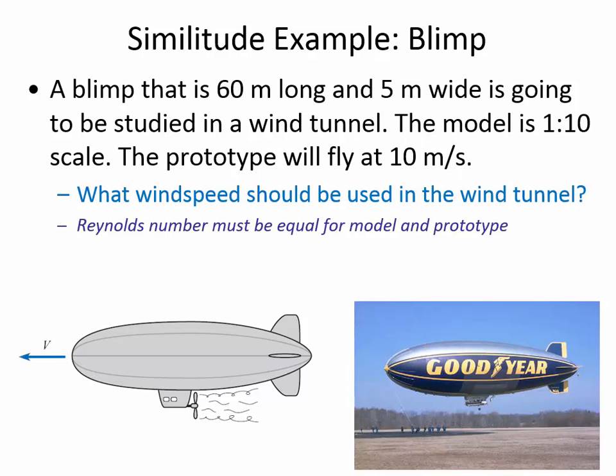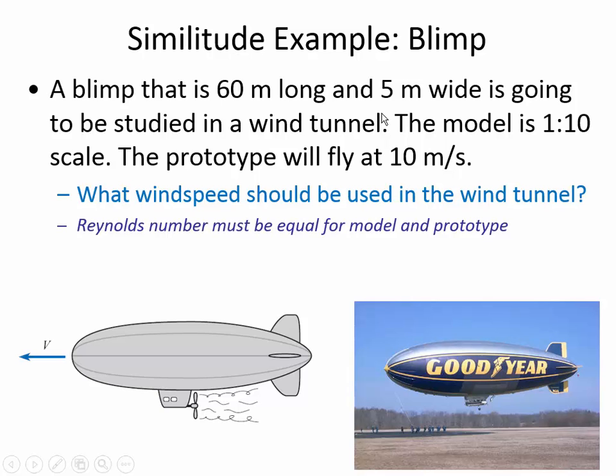So here's an example of a blimp. Maybe you've seen pictures of things like this before. They fly over stadiums during events, and so let's say that the full-scale prototype is going to be 60 meters long and 5 meters wide.